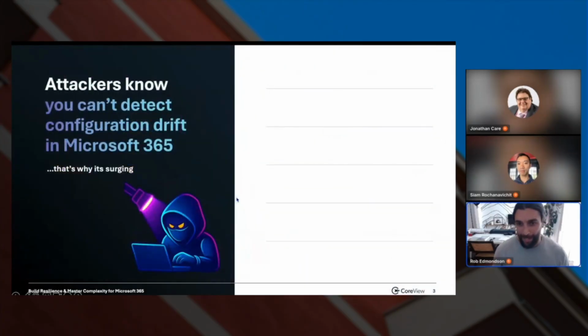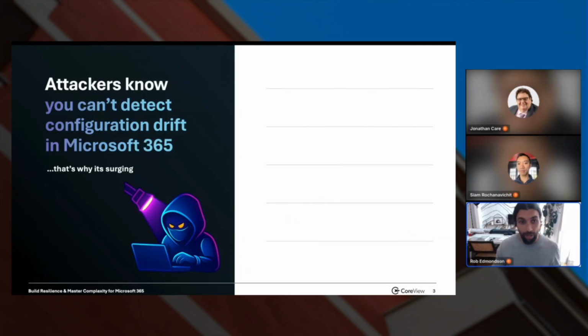And attackers know this. They know this environment is uniquely sensitive. And so there are certain things that they're doing. I'm going to name 3 of them, which Jonathan touched on. I'm going to give you a bit more data here. Firstly, configuration tampering. Attackers know that if they get into your environment, they can tamper with your configurations and you won't be alerted.